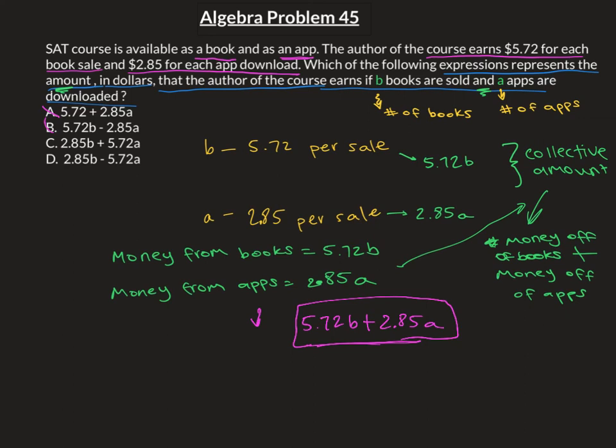Now, you've got 2.85B plus 5.72A, and that is also wrong because that's flipping the variables. And 2.85B minus 5.72A, that's also wrong. So all four of these are wrong. This is a little trick question. So if we write our final answer down here, that'll be 5.72B plus 2.85A. And this will be our final answer.